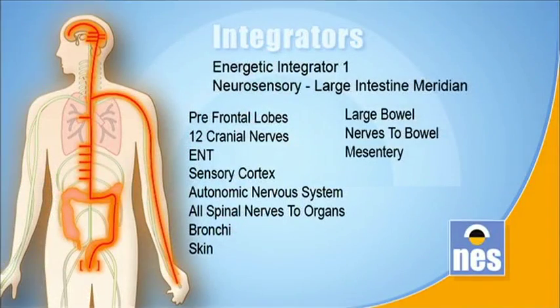And inside is this mesentery, a lot of circulatory tissue as well. Bear in mind that the last part of the bowel, the rectum, actually belongs in compartment 6. The rectum, anus and sigmoid colon, compartment 6. All the rest is Integrator 1.